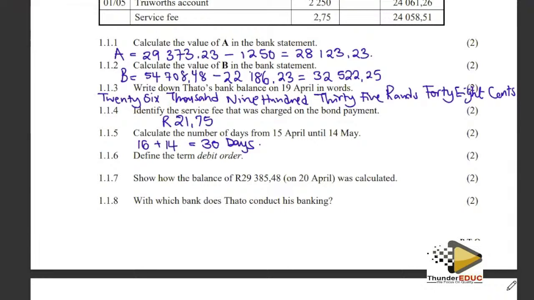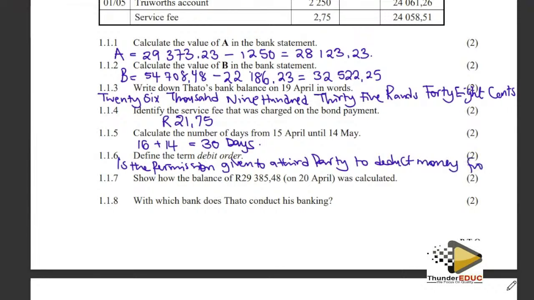Debit order can be defined as the permission given to a third party to deduct money from one's account. I don't know whether I can explain this way.